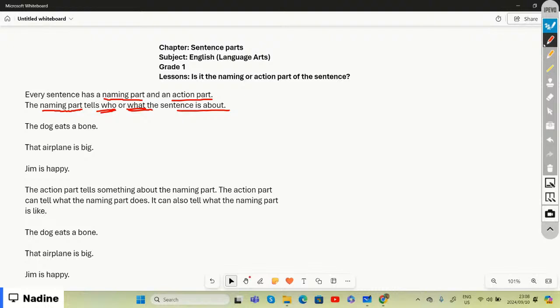Can be about a person, can be about a thing, can be about an animal, right? But this sentence, it's about someone. That is the naming part.